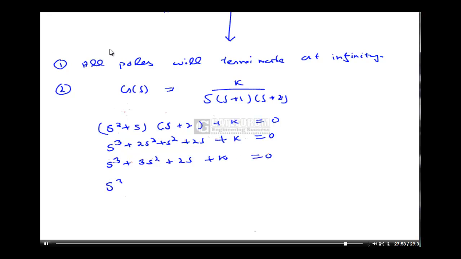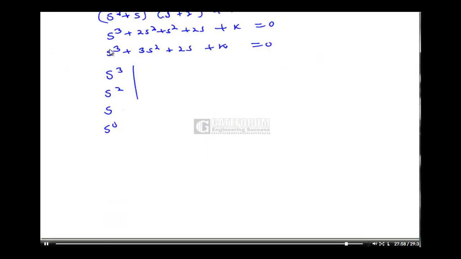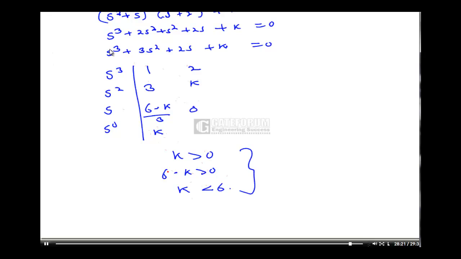Using the Routh criteria, the first column is 1, 3, (6 minus k) upon 3, and k. So k must be greater than 0, and 6 minus k must be greater than 0, or k must be lesser than 6. In this condition only my root locus will be in a stable region. After this it will become unstable.